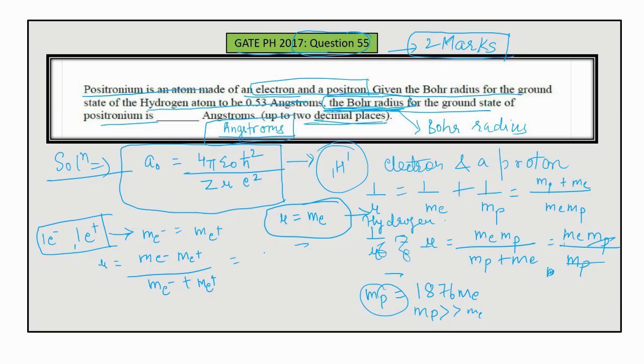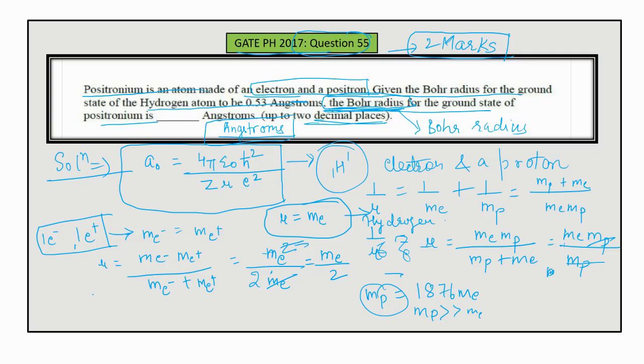Sorry, electron and positron both have the same mass. So what you will write here, because both have the same mass, mu will be me by 2.